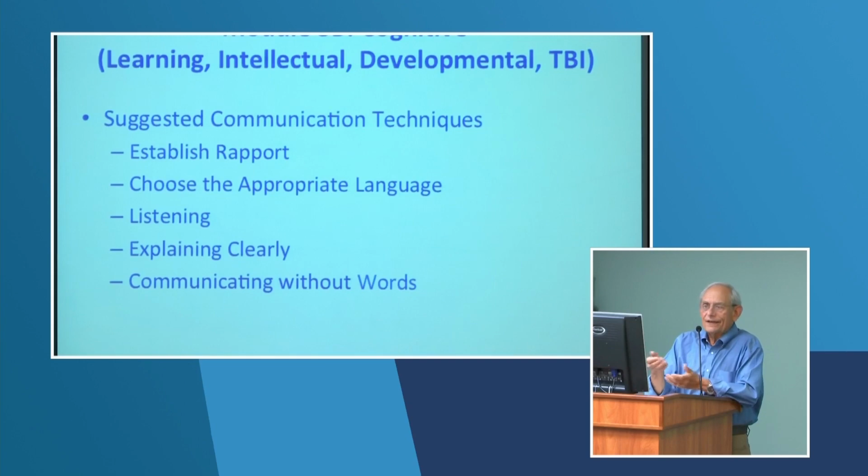And they nod their head, the next thing to say is, what did I just tell you? Now, try to establish rapport, and choose the appropriate language for the age of that person and the intellectual age of that person. Listen, explain clearly, and sometimes it's better to show them pictures than to speak.